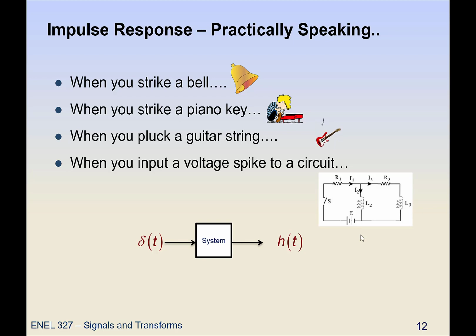If we think of it from a circuit perspective, what we're saying is we are imagining that the source of our circuit is just a tiny little voltage spike, and then we see what happens to the system. And it depends at what point you're looking at it. Okay, but that's sort of the practical perspective that we want to have when we think about what this impulse response is.